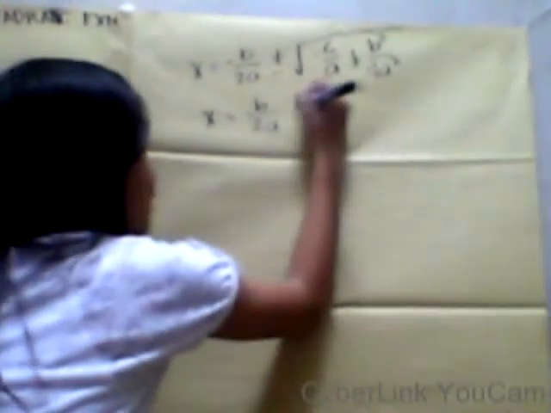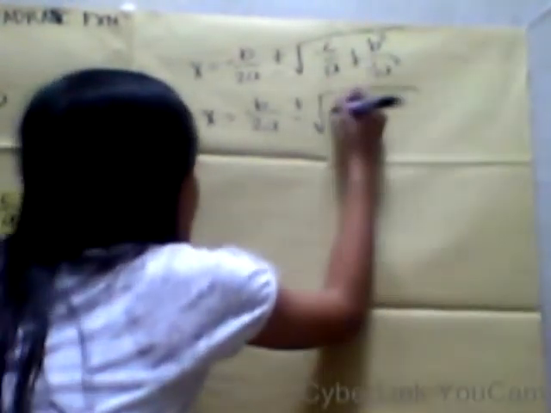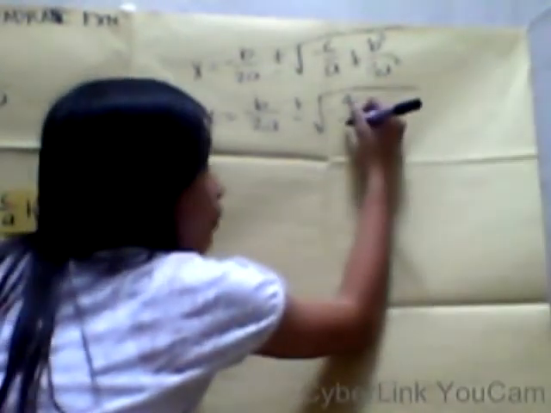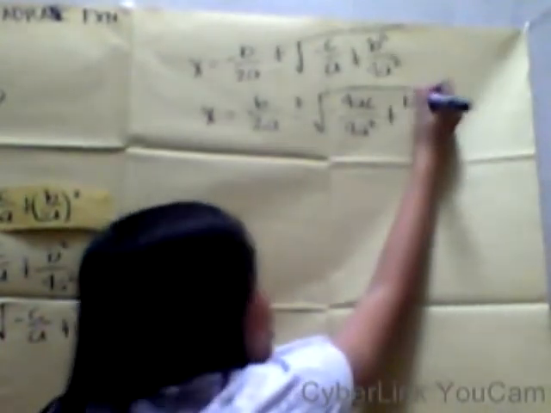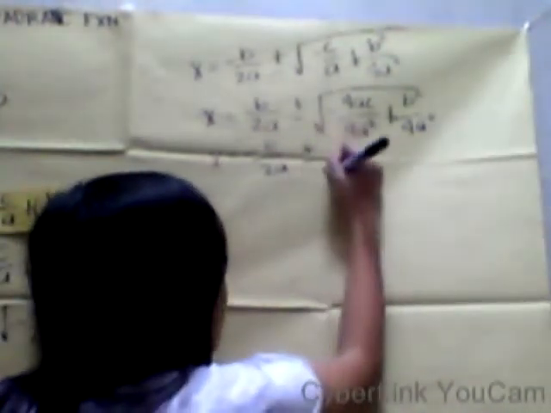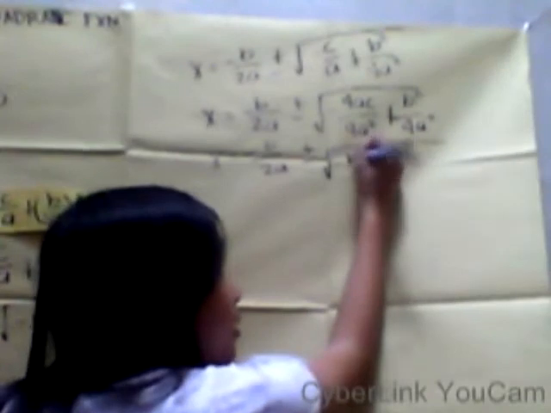Then x is equal to negative b over 2a plus or minus the square root of negative 4ac over 4a squared, which gives the square root of b squared minus 4ac over 4a squared.